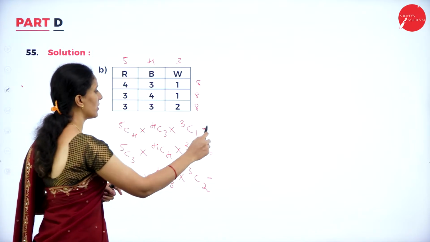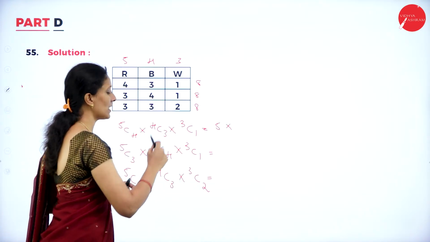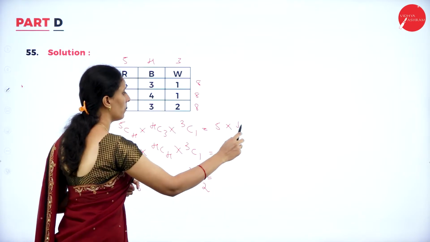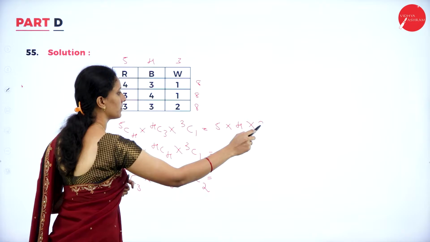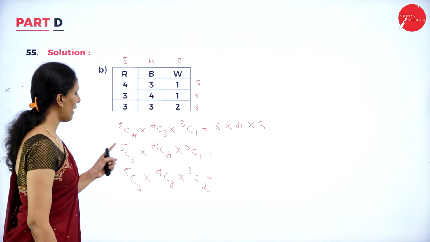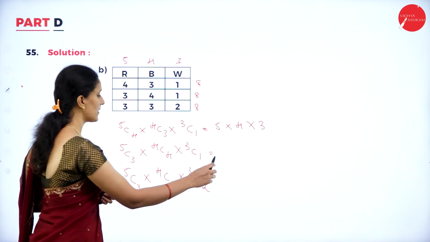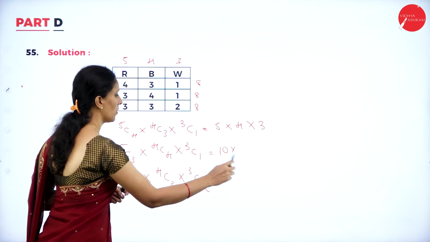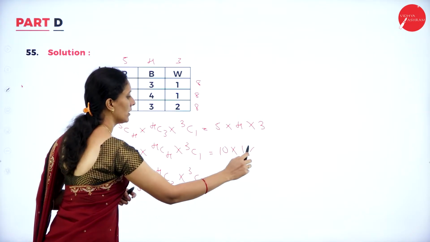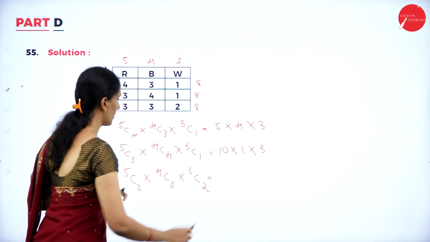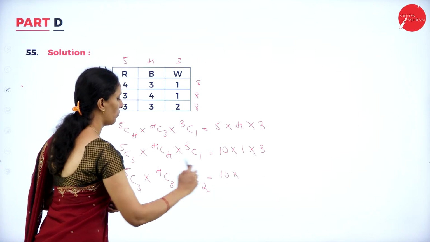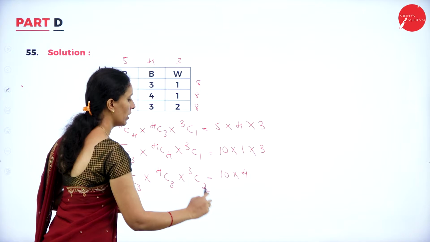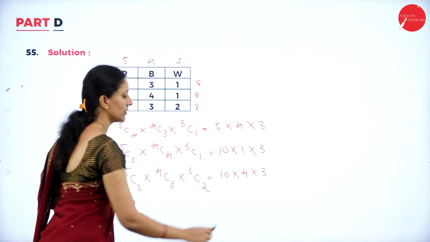So 5C4 is nothing but 5, 4C3 is nothing but 4, 3C1 is nothing but 3. Next again here we have 5C3. 5C3 is equal to 10, 4C4 is 1, 3C1 is 3. Next we have 5C3 again, which is 10, 4C3 can be taken as 4, 3C2 can be taken as 3.